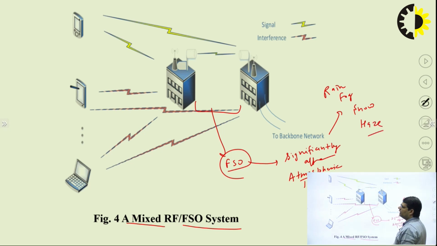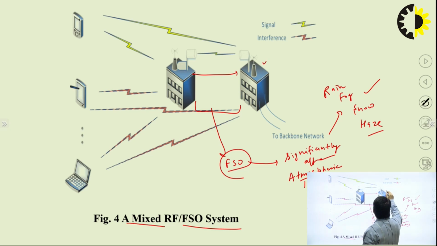So sometimes it can happen that due to the presence of these atmospheric turbulence effects, the signal received here is of very weak strength, or we can say that sometimes this FSO link may fail.